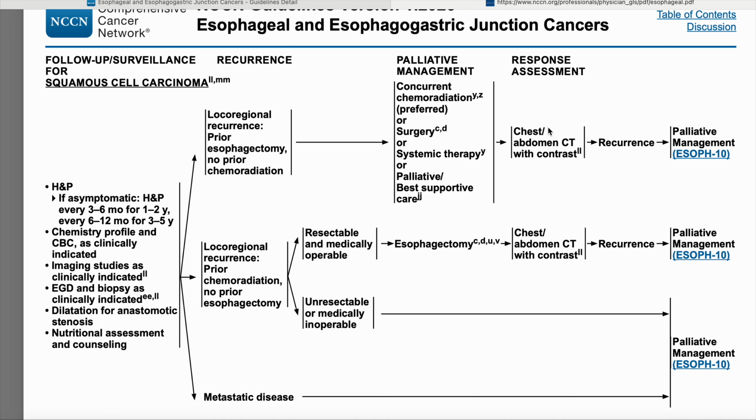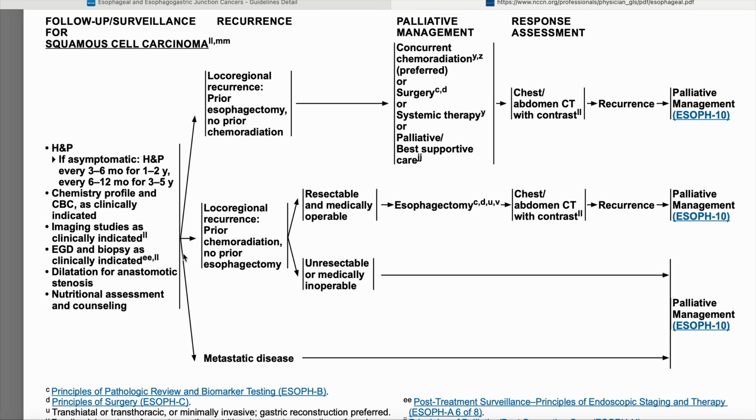Then response assessment is done by CT chest abdomen with contrast. If there is recurrence, then the patient is kept on palliative management. And if there is locoregional recurrence and the patient has received prior chemoradiation, if it is resectable, technically and medically operable, then we will go for esophagectomy.